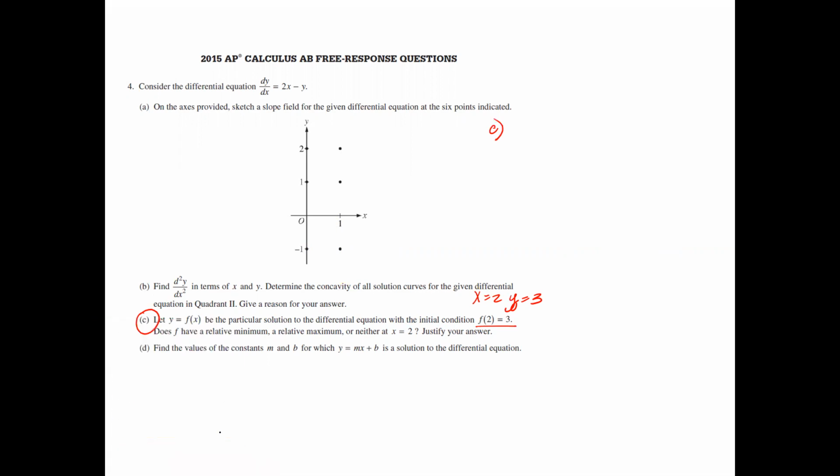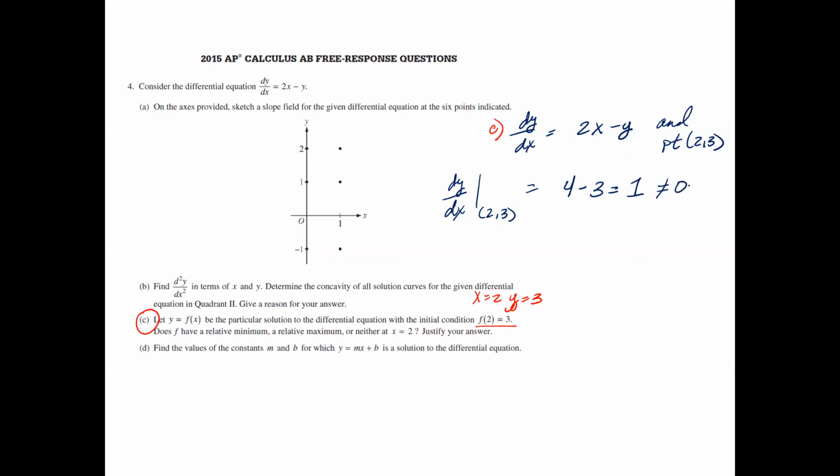Well, for part C, given that dy over dx is equal to 2x minus y, and you have the point (2, 3), this is going to be the slope. Then dy over dx at (2, 3) is equal to 2 times x, which is 2, minus y, which is 3, equals 1. And this is not equal to 0.